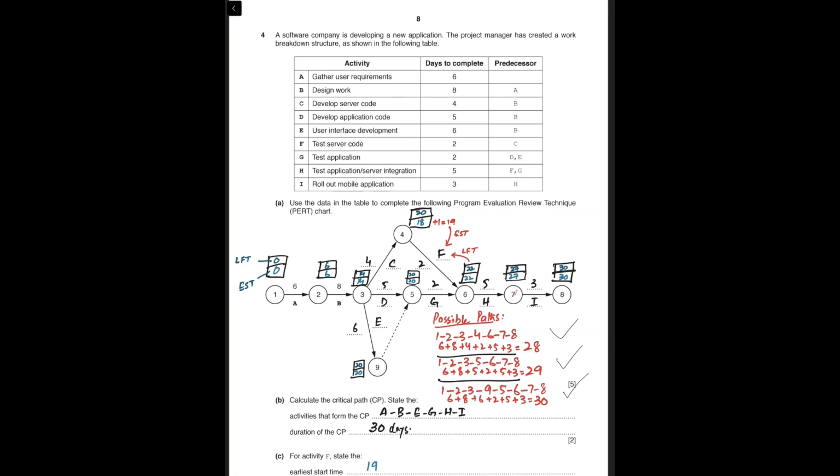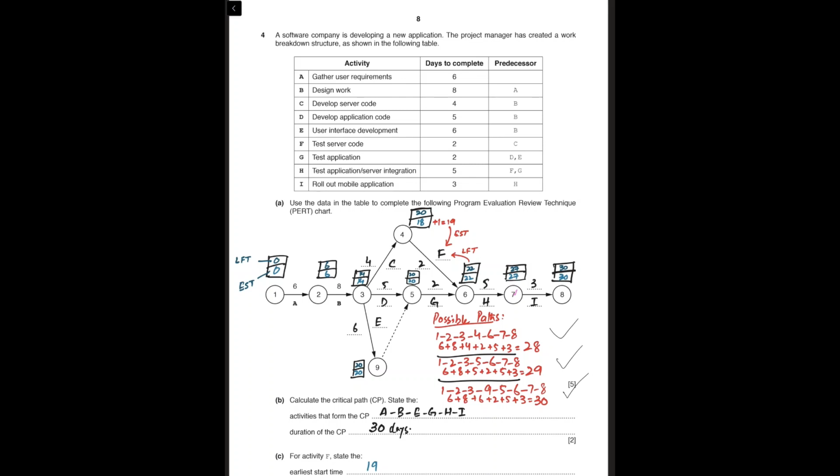Second thing, sometimes the critical path may show nodes rather than activities, and other times you may see in answers that critical paths show the activities themselves.